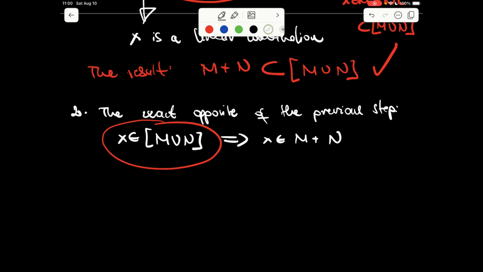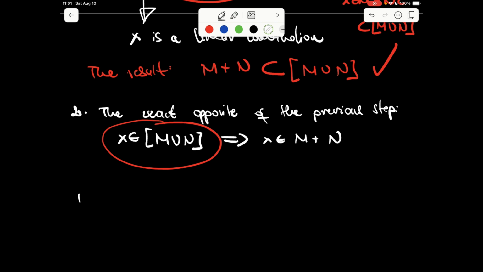This subspace contains all the linear combinations of vectors in M union N. So in this case, vector X can be described as the linear combination of vectors from M union N.